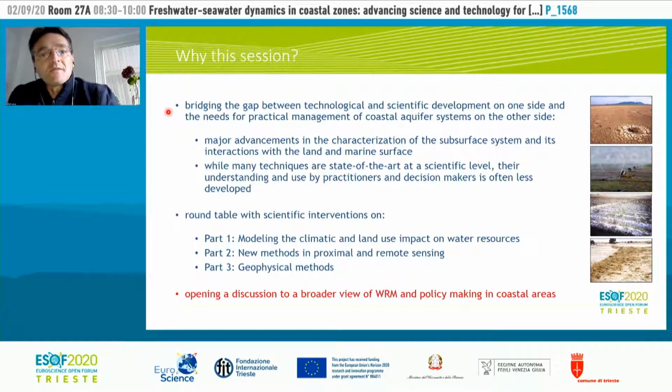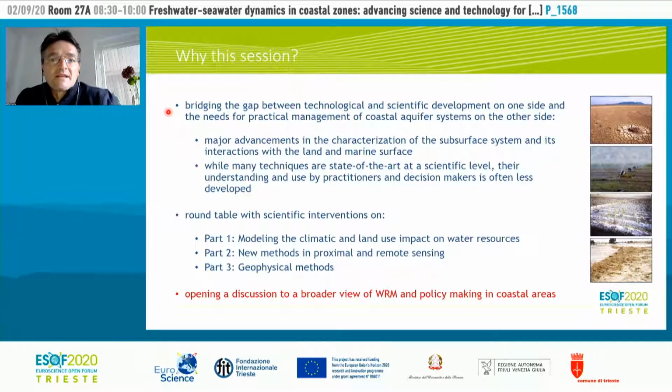And there's an observation that we can see, while on the one side, in the recent years or decades even, there was a very strong advance in our possibilities to monitor and to describe the interface of that surface-subsurface system.